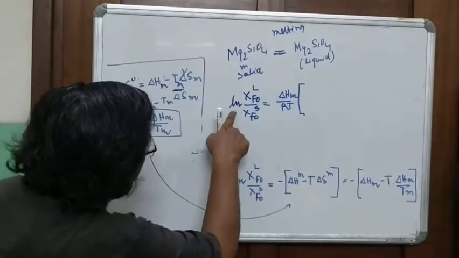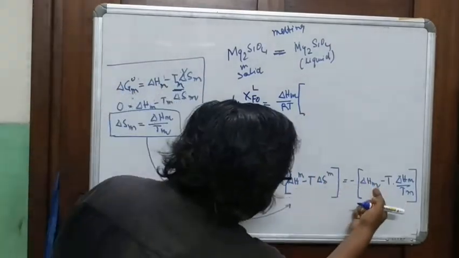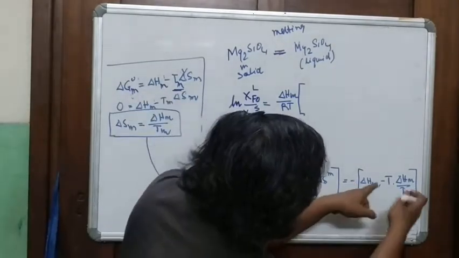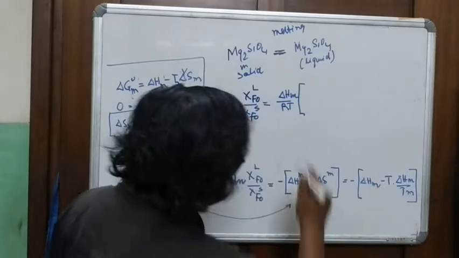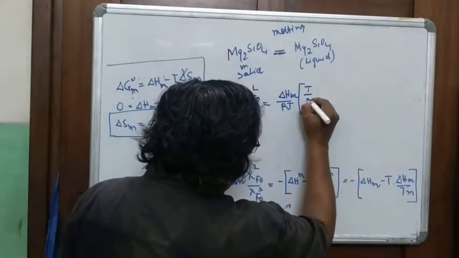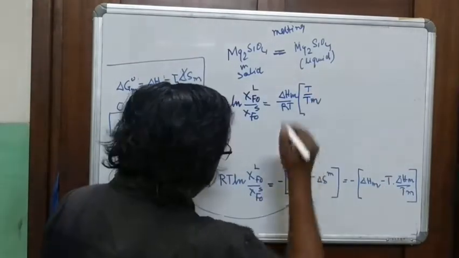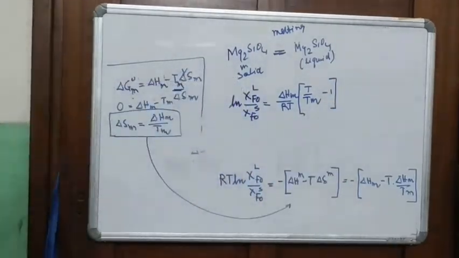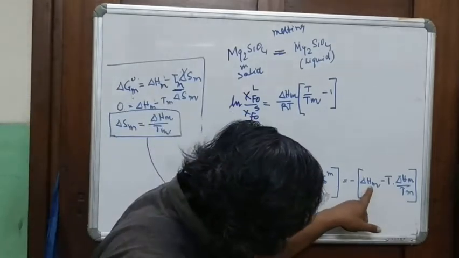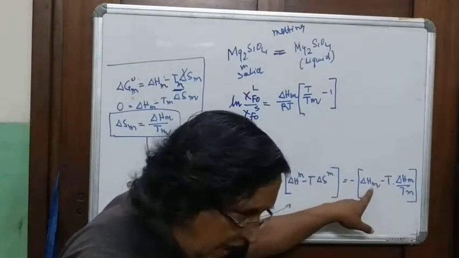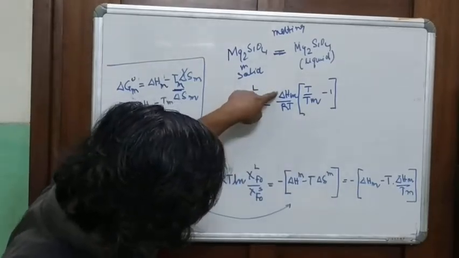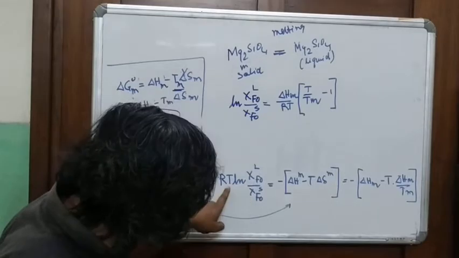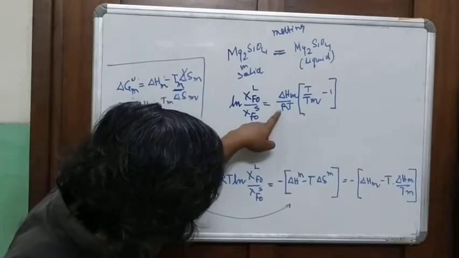This I do because I have taken ln, RT comes here, and I have taken delta Hm. But, because of this minus sign, this should come before. That means it will be T by Tm minus 1. Have a look at this. I have taken out this delta Hm out of the bracket here, and I have divided it by RT, which was out here. So delta Hm by RT.